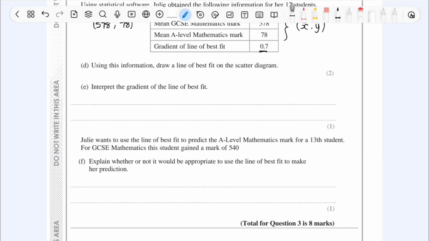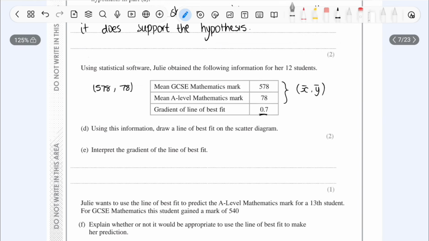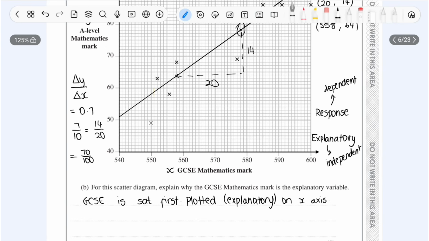Part E asks us to interpret the gradient of the line of best fit. Now the gradient of the line of best fit is 0.7. What does that exactly mean? For each mark we increase by 1, you can see a slight increase, but not exactly 1, for the A-level maths exam.